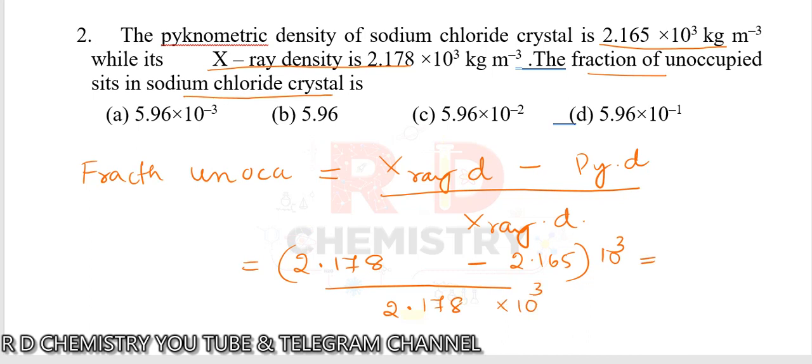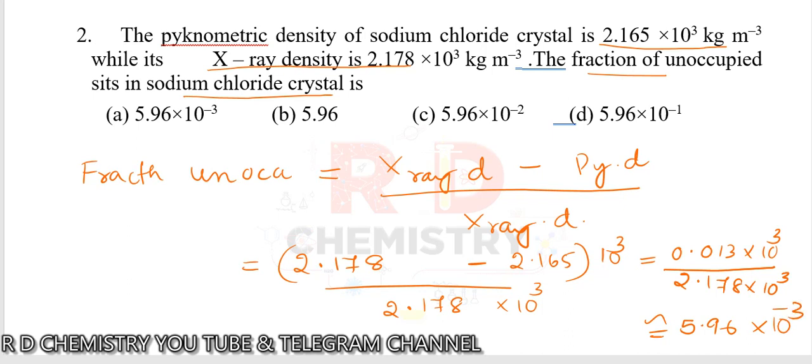Okay, the difference is found to be 0.013 into 10 power 3 divided by 2.178 into 10 power 3. Okay, so finally it is equal to about 5.96 approximately, but it is 10 power minus 3 comes. Okay, so the answer is option number A. Fine.